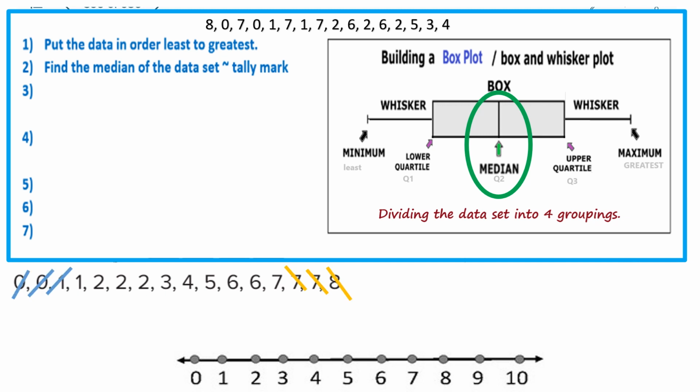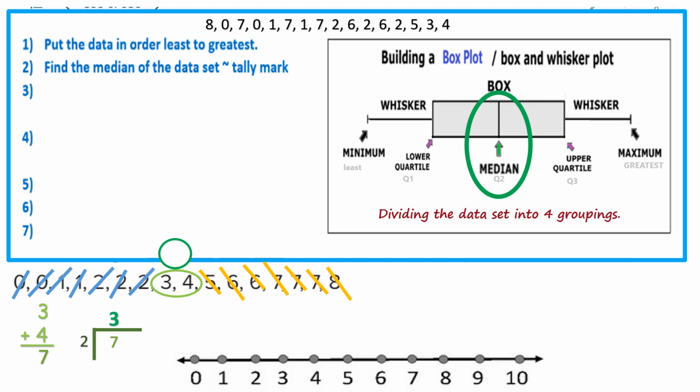So first I start by crossing them off left and right in groups of 2 until I'm left with my center numbers. This example, it's an even number of data sets, so I know that I have to add them together and divide by 2, also known as finding what's in the middle of them or averaging them. So when I find the actual median of my group, then I have 3 plus 4, which is 7.